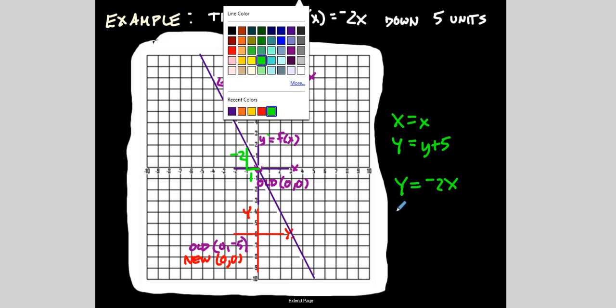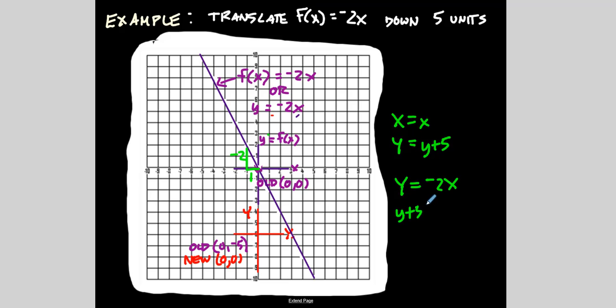Now I'm going to make my substitutions, little y plus 5 for big Y, and then little x for big X. So then I'm going to subtract 5 from both sides, so I get y equals negative 2x minus 5.